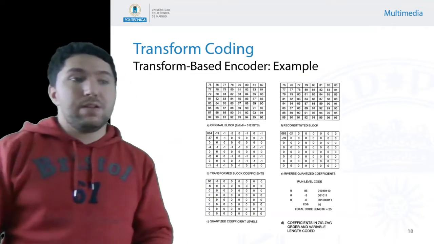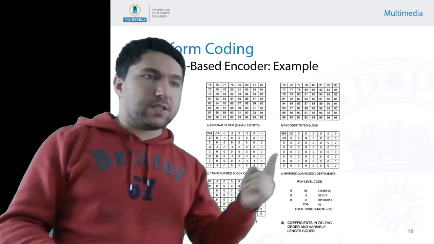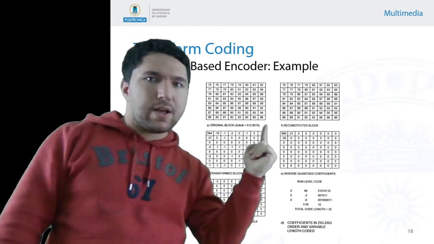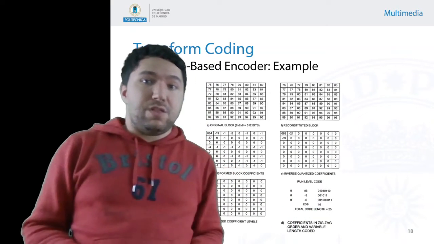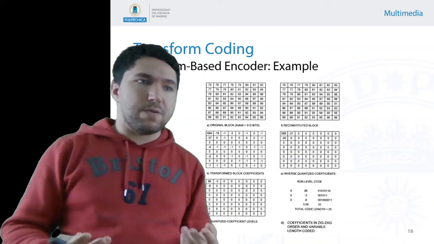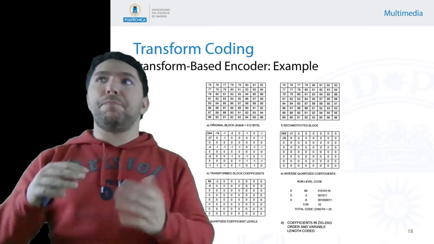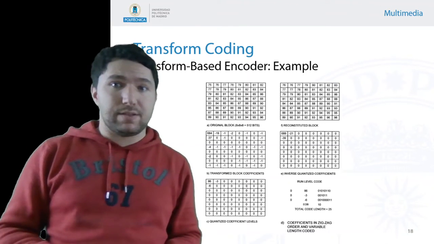Okay, but in any case, we obtain very similar values to the original ones. So in this other corner, I had 96, and in the reconstructed value, I had again 96. So in this case, we obtain exactly the same value. In other values, we will obtain something like plus or minus 1 or 2 pixels, which is not that bad.